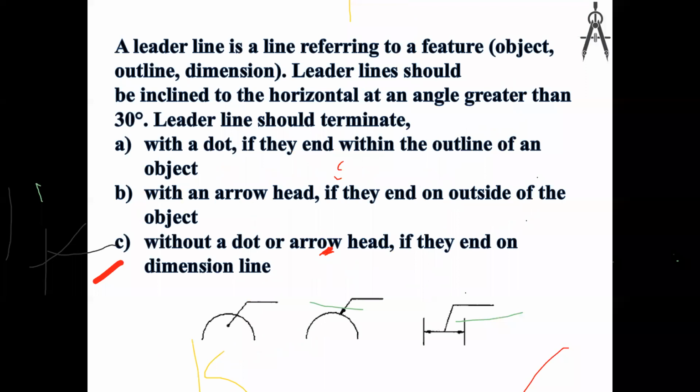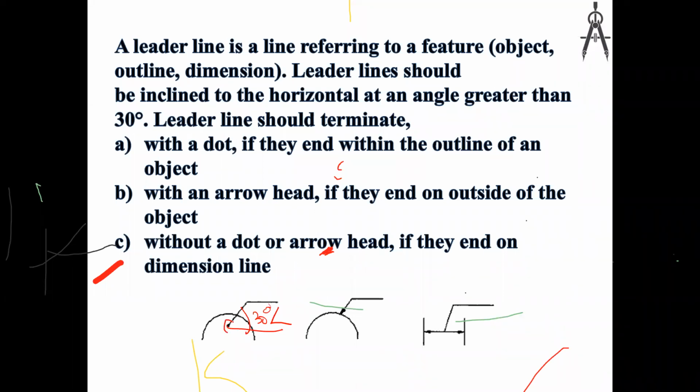Leader line, as I said earlier, is used to make some small notes. A leader line refers to a feature, object, outline, dimension, or such thing. Special note: a leader line should be inclined to the horizontal at an angle greater than 30 degrees, not less than 30 degrees. A leader should terminate with a dot.